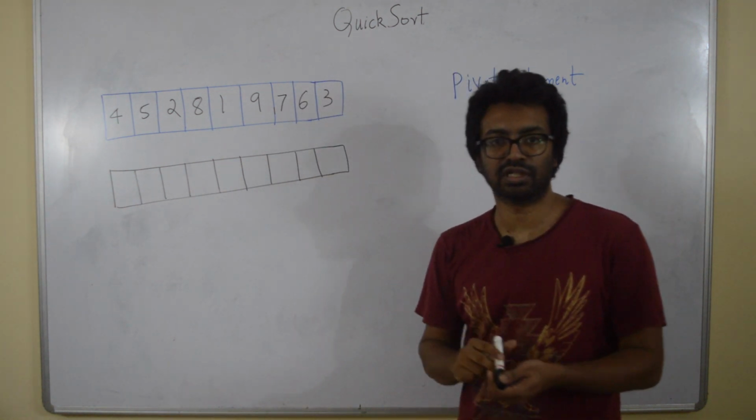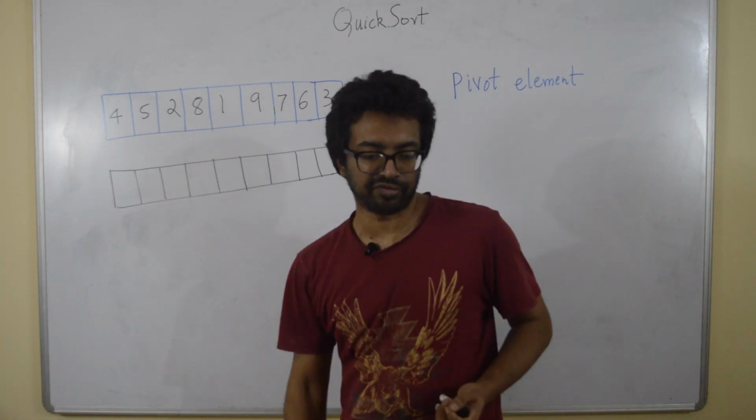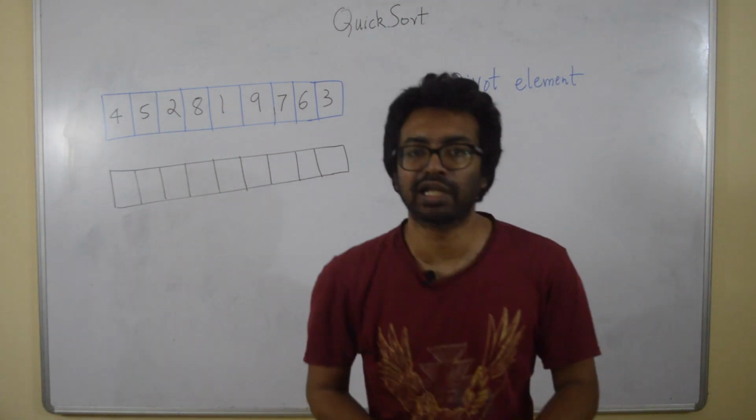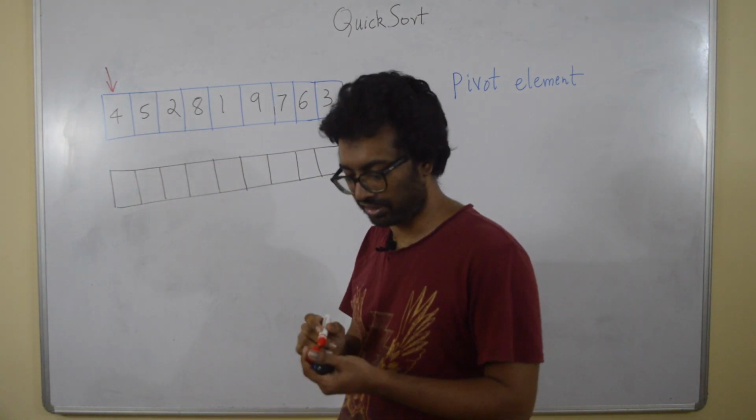Okay, so this is our array. Now we have chosen 4 as the pivot element, and I'm going to mark that this is the pivot element.